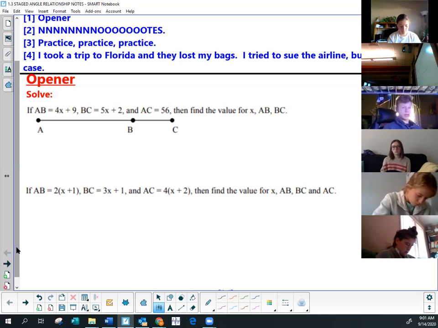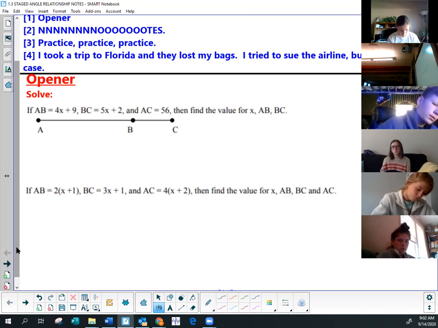When I say the geometric idea, what I'm looking for is a rule, a definition, a postulate, something that applies to this picture. You can certainly have your notes out. That would help. I'm looking for an answer.